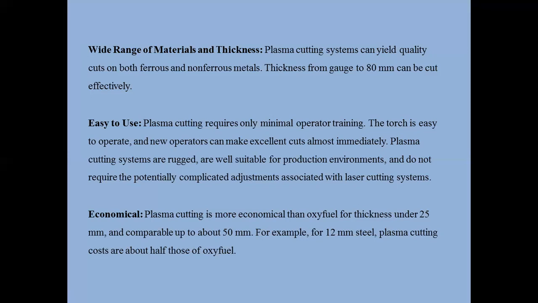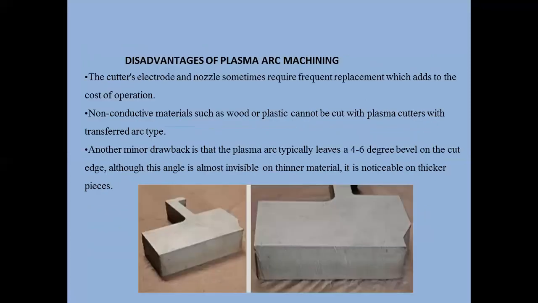What are the disadvantages? See, the cutter's electrode and nozzle sometimes require frequent replacement, which adds to the cost of operation. See, we have a peculiar circuit in plasma arc machining, with two positive terminals connected with a switch or resistance in between.